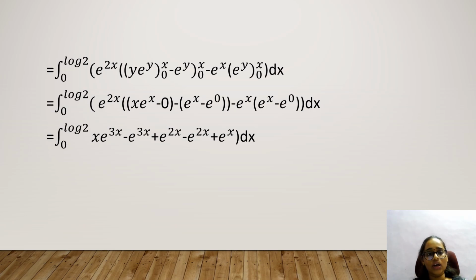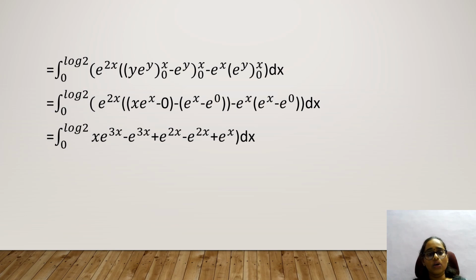Next we have solved e to the power 2x, and here in the place of y I have substituted upper limit minus lower limit, that is x minus 0, and similarly for the other terms, in the place of y we have substituted upper limit minus lower limit, x minus 0.